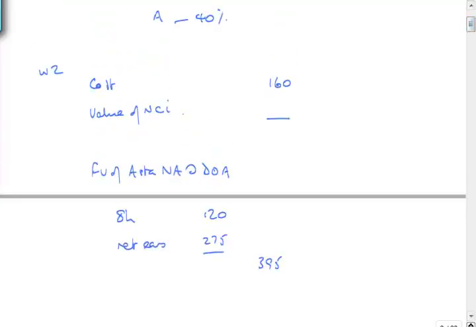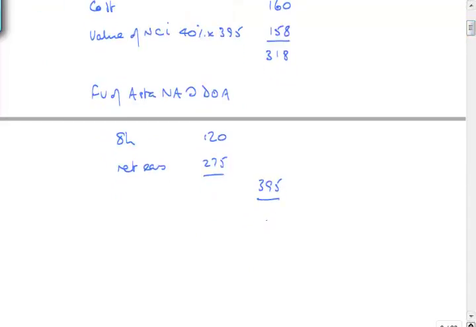And we know that the value of the NCI is proportionate, so that's 40% of 395. 40% of 395 is 140? No. 158, I think. Just let me check it. 4, 5 is 20, 36, 38, 1, 3 is 12. Yep. Add them up. 318 compares with 395. Ooh, 77. It's negative goodwill.